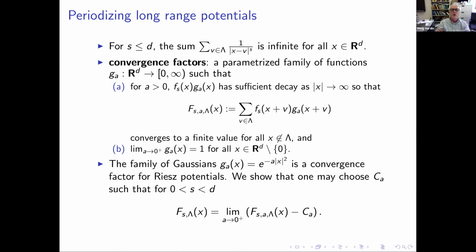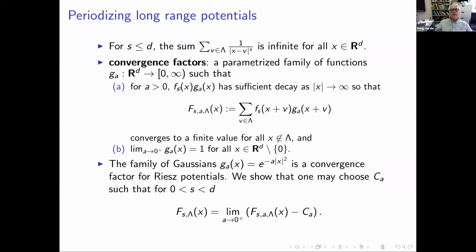The idea of a convergence factor is you have a parameterized family of functions. Here I'm using G sub A as our parameterized family, and one of the families that we often use is the family of Gaussians.